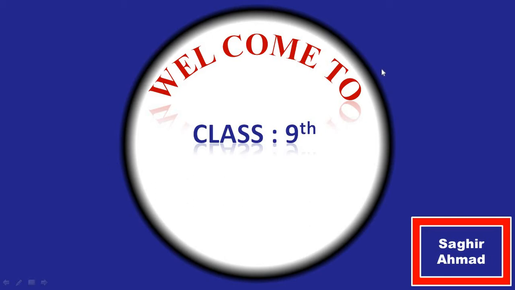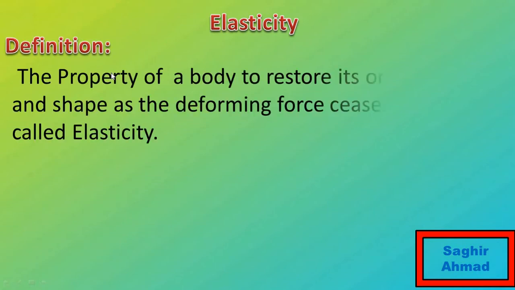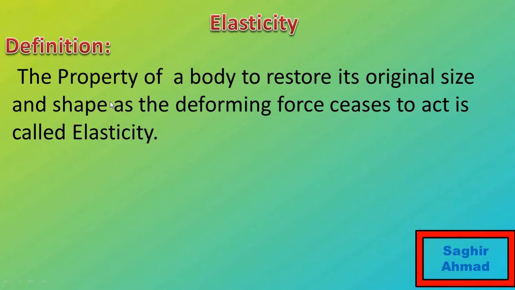Welcome to this video. In this video we are discussing our physics topic, that is elasticity. In previous lectures we saw all short syllabus examples, means numericals of chapter number 7, and now we are discussing elasticity. The definition of elasticity is the property of a body to restore its original size and shape as the deforming force ceases to act.